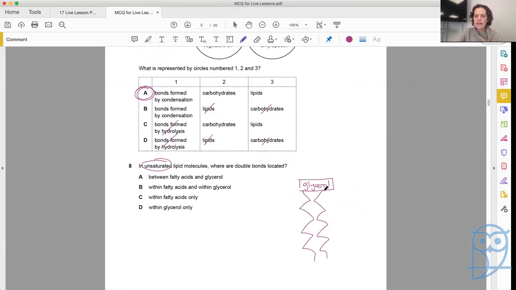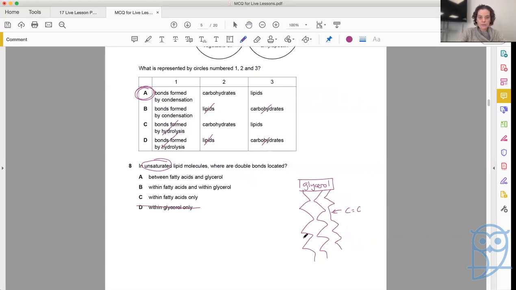Now, unsaturated means that we have a kink in our chain because we have this carbon to carbon double bond, because we don't have all the hydrogen. We're not saturated with hydrogen, we are unsaturated. So this carbon to carbon is a double bond. So we're happy that we have double bonds in our fatty acids.